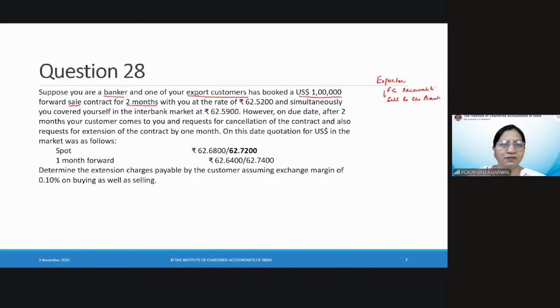Okay. So this sale contract is from the customer's perspective here. So you are a banker and your export customer has booked a sale contract for 2 months. When the customer is selling, the bank is buying. So the bank has agreed to buy at the 62.52 bid rate.